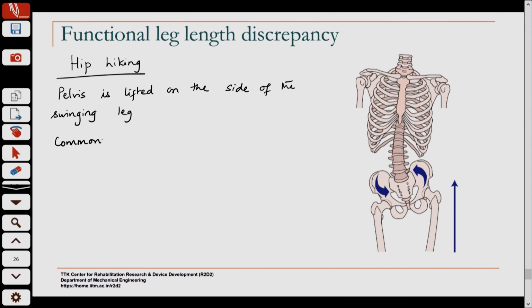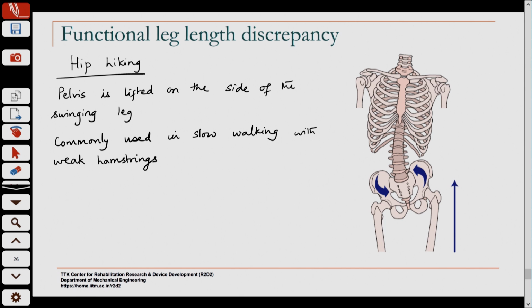This is commonly used in slow walking. So, a person with weak hamstrings. So, what do the hamstrings do? They flex the knee.